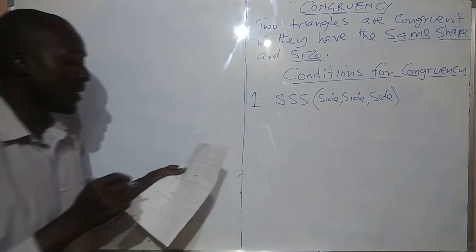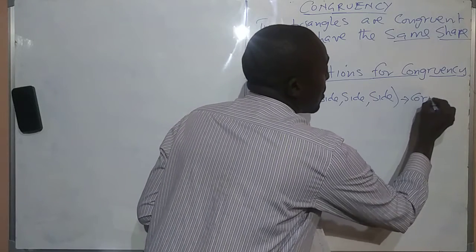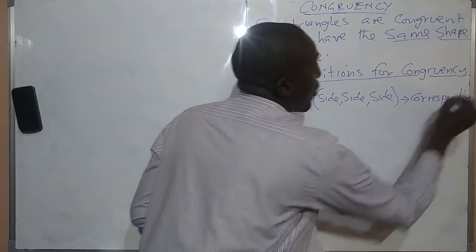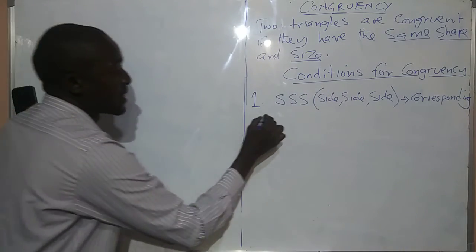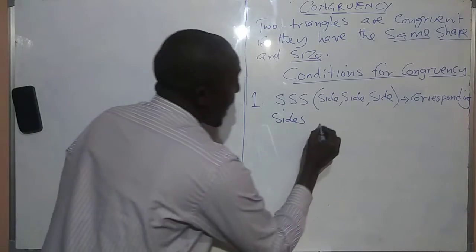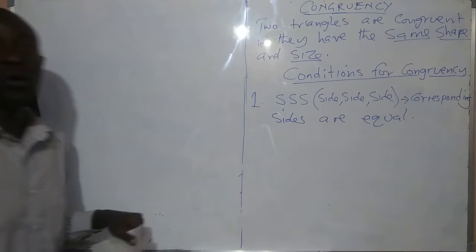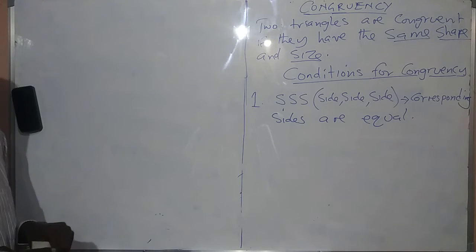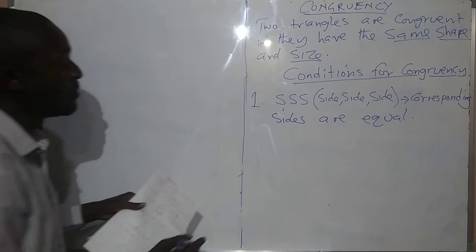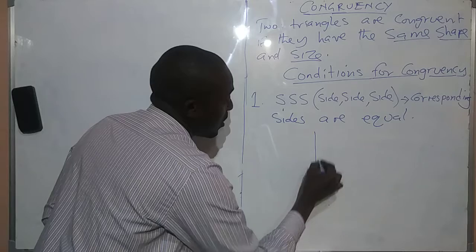What does this mean? Here's what it means. It means that all corresponding sides are equal. Okay? Corresponding sides are equal. And what does that mean? Here is an example of a triangle where we have that.